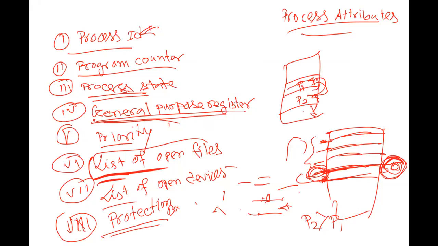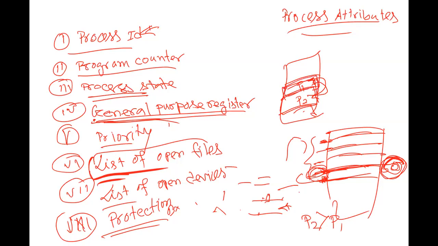In a future class, we will see that if two processes use the same data in the same location, there are problems if they directly access the data. So this is referred to as protection. This is the process control block for P2, and this is the process control block for P1.